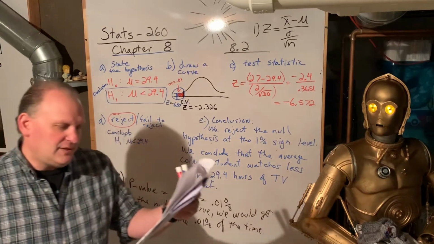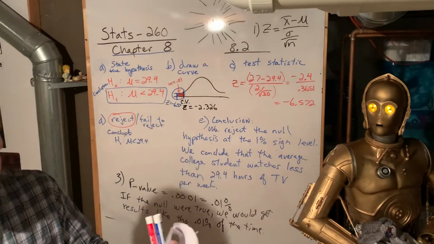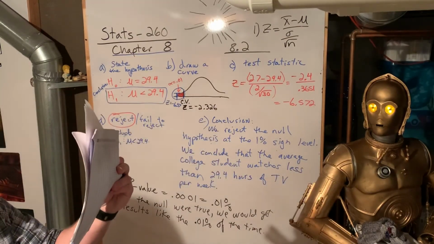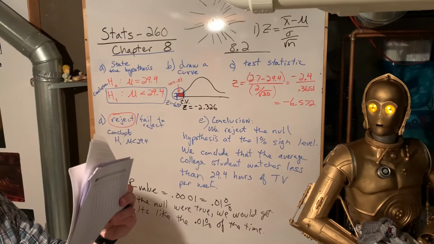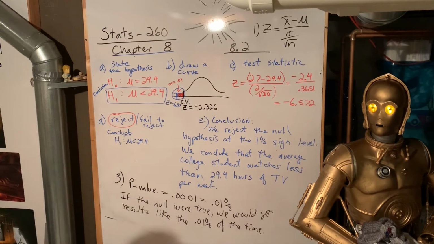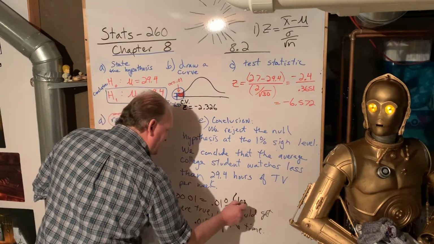therefore, we reject the null and conclude college students watch less than 29.4 hours of TV a week. We already stated that right there. But if you look at the notes carefully, it says, now look, I put 0.01% and then I make my students write after that less than 1%.